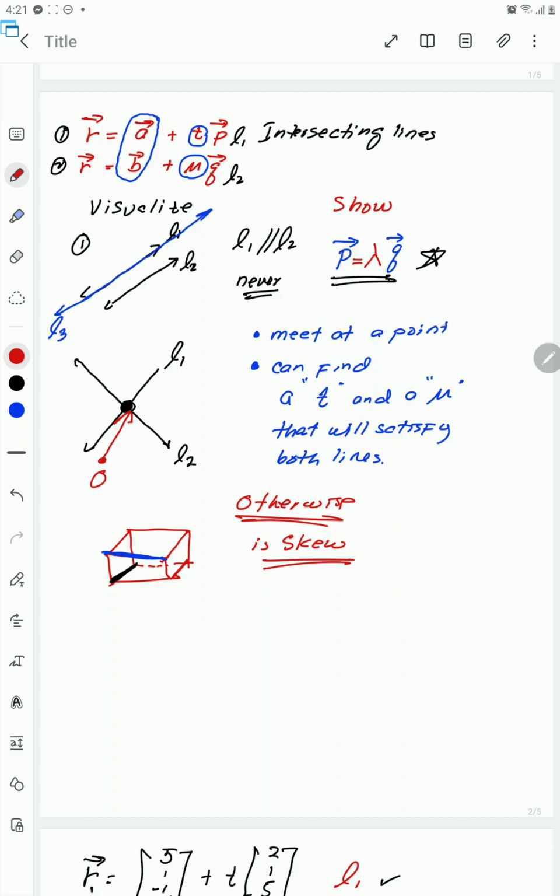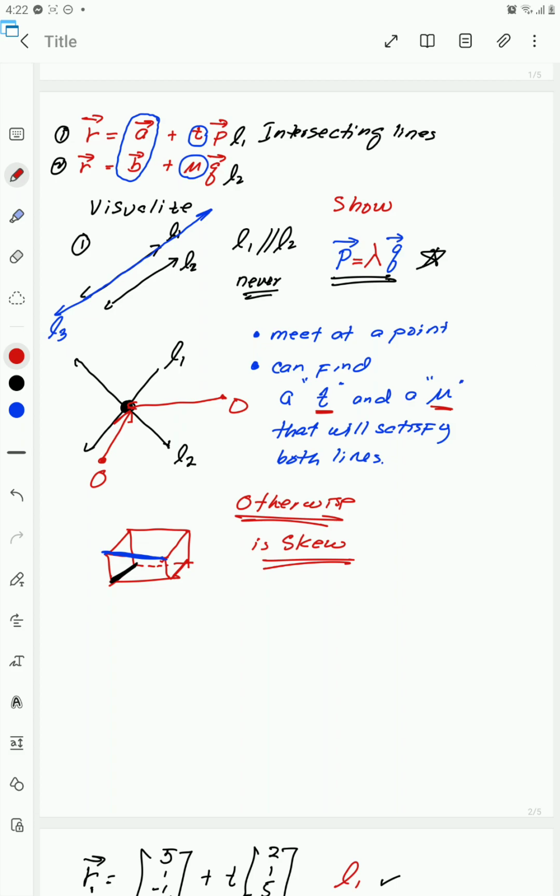Please don't confuse yourself. My origin could be anywhere. It depends on you, on where you write your origin. Because remember, this is 3D, and 3D can be rotated, all right? And you need to find a t and a mu that will satisfy both lines.